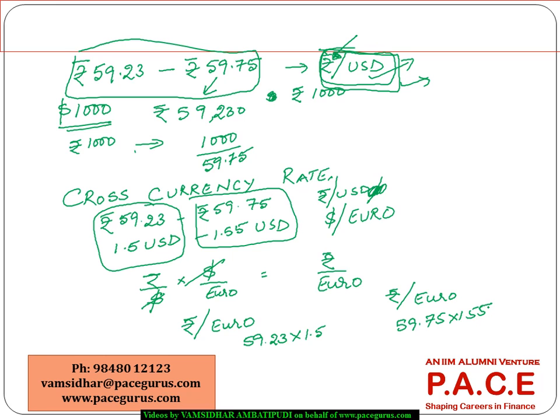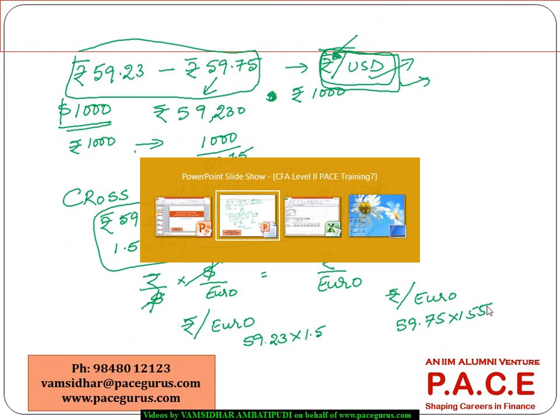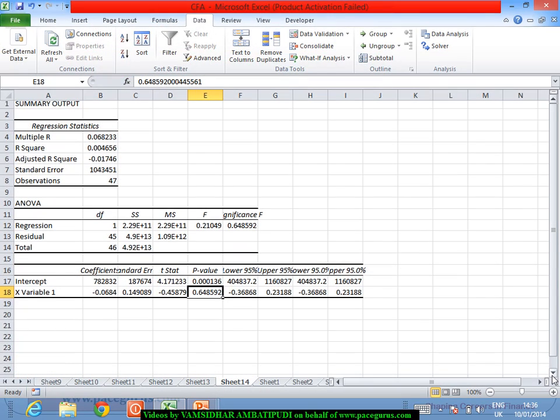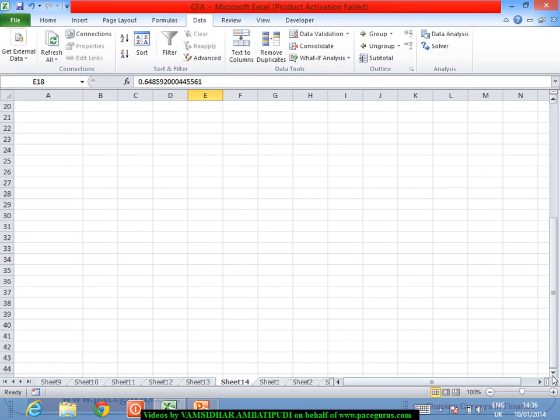Right? So let me see what it is. Rupee to dollar, the bid is 59.23 rupees per dollar, whereas the ask is 59.75 rupees per dollar.